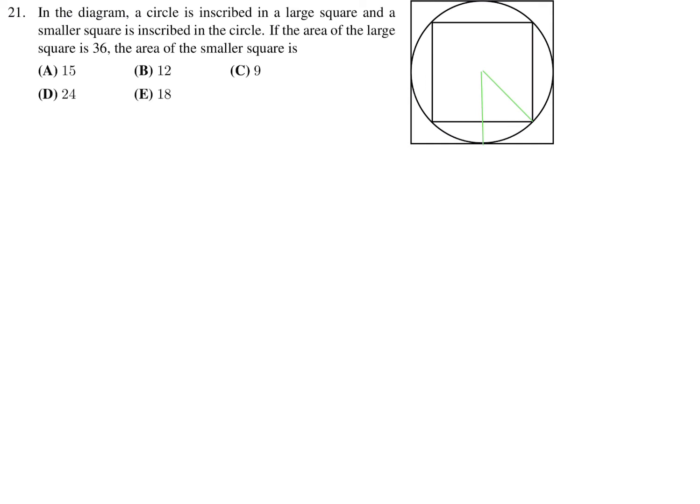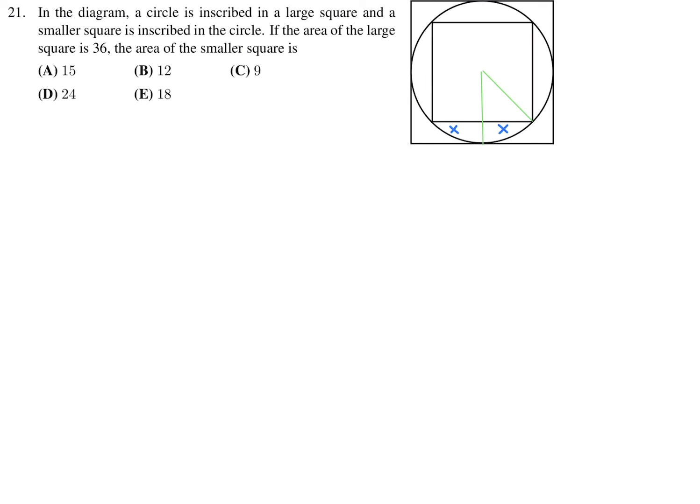Now, another thing I need to label is this part of the square right there in blue. That's x. And because of the symmetry of this diagram, this is also going to be x, because that line that I drew in green cuts that in half.